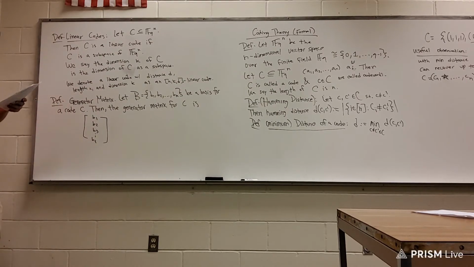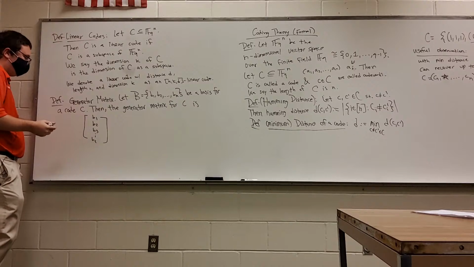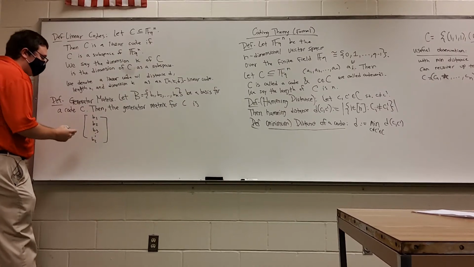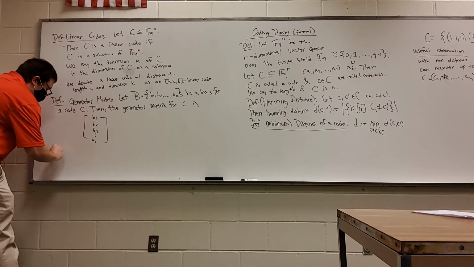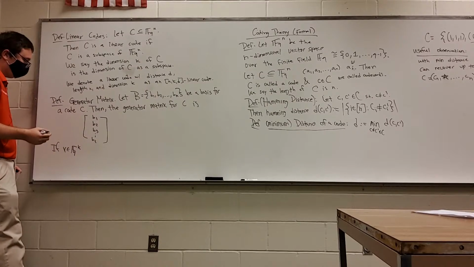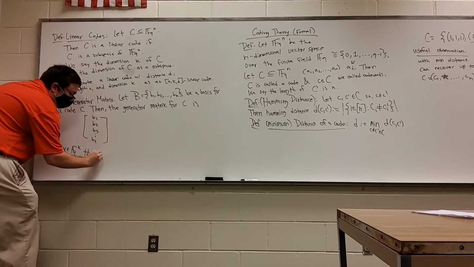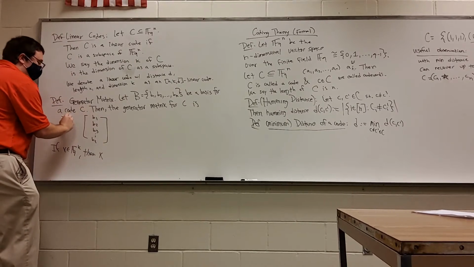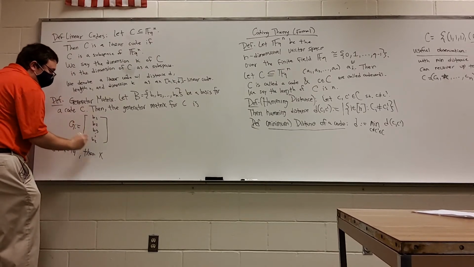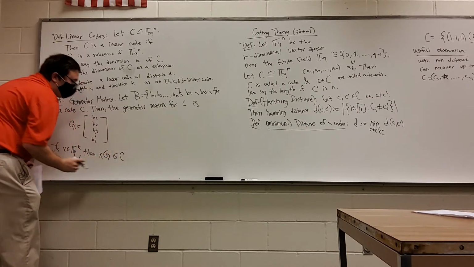So one observation you can make is that if x is in F_q^k, then x, so I'll call this matrix G. So x times G lives in the code.